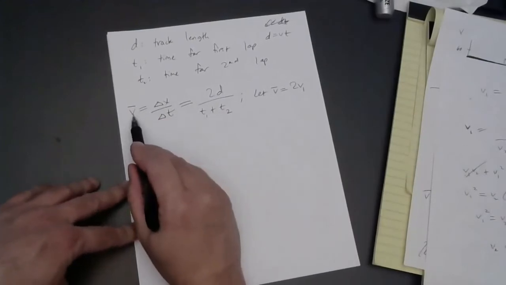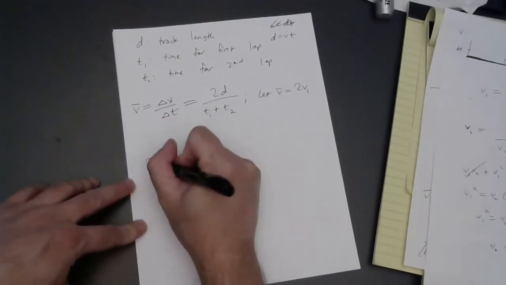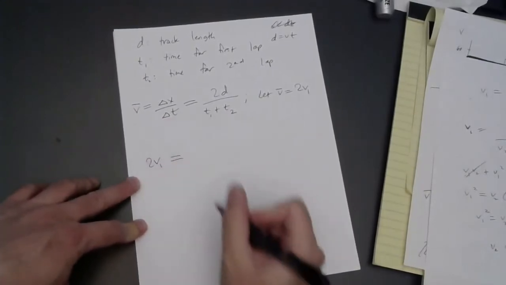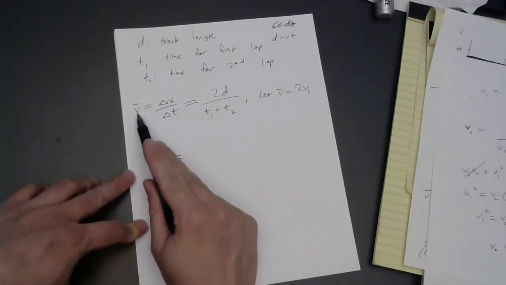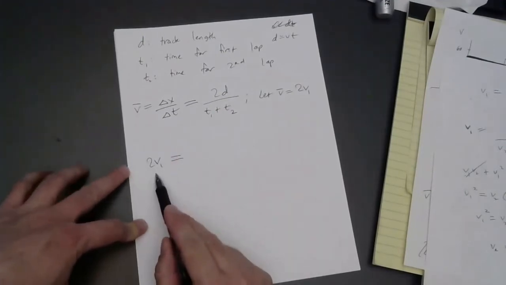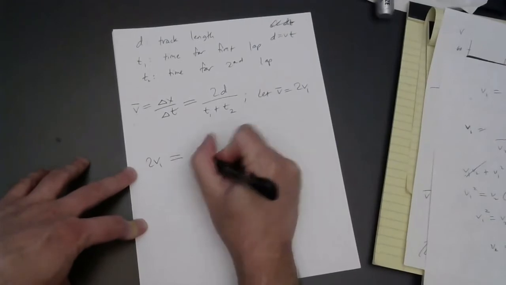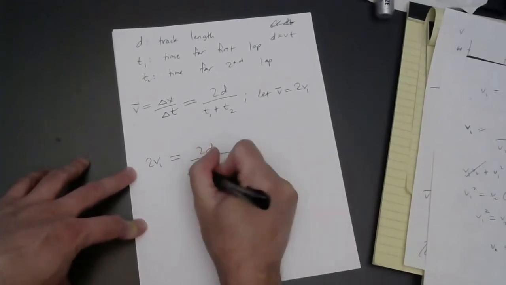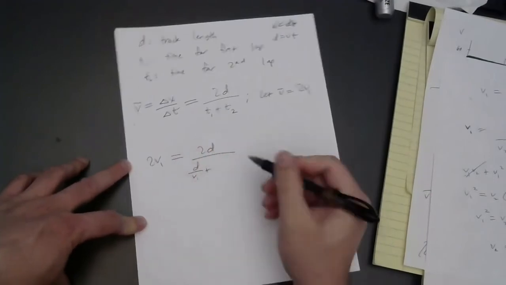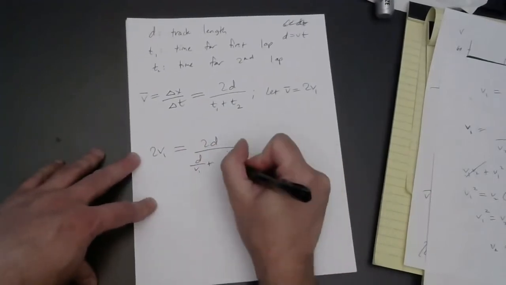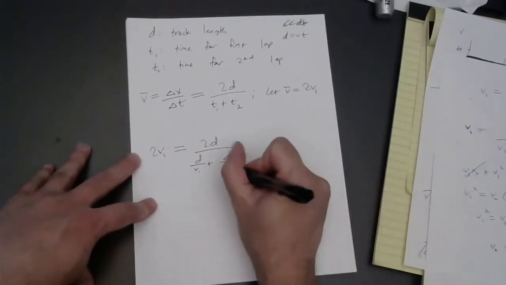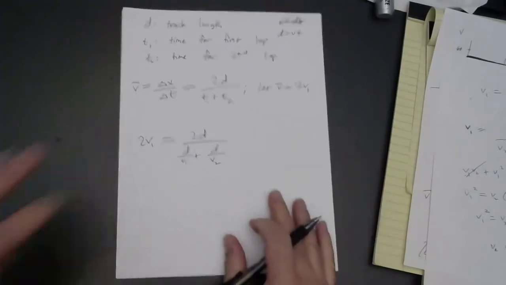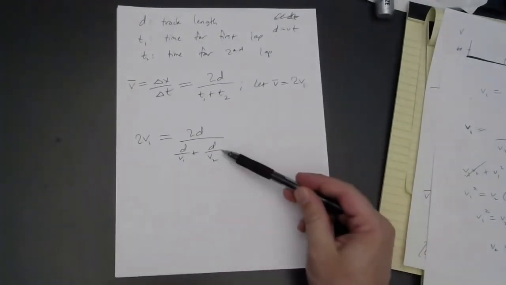So the average velocity needs to be 2 times the velocity for lap 1. Well, that would be the total distance over the total time. And time 1 would be distance 1 over speed 1. And time 2 would be distance 2, also the track length, divided by speed v2. And we're solving this for v2.